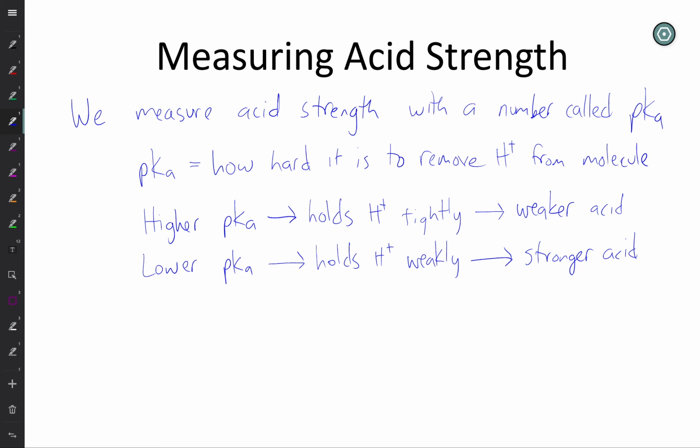Those are all H's that are really easy to remove. On the back, you see things like hydrochloric acid, which we said you've all used before because it's a really common strong acid. So there are no absolute boundaries to the scale, but the scale is pretty wide. We have examples going from -10 up to 50.